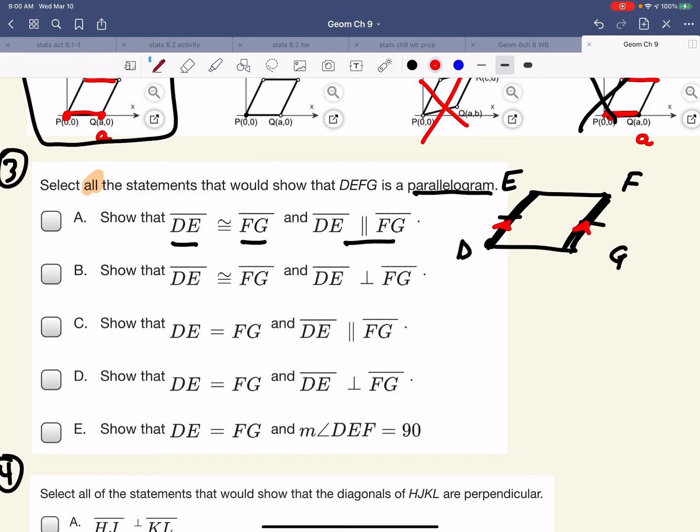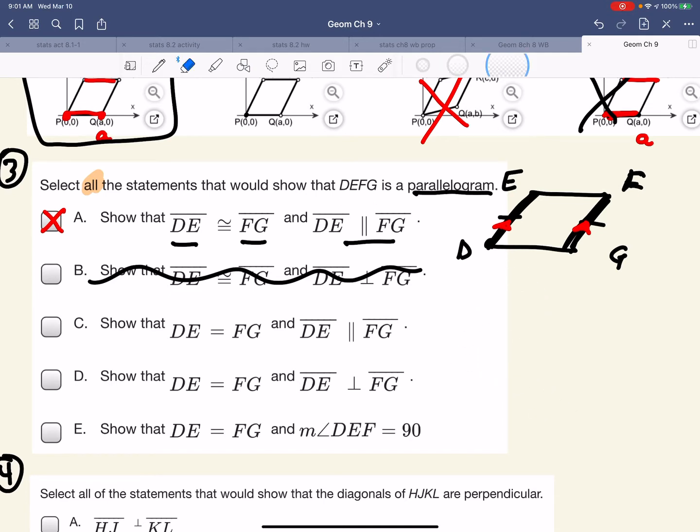Would that force it to be a parallelogram? And I think I can't not draw a parallelogram, so I'm going to pick A. Now if I took DE and I made DE perpendicular to FG, somehow I can't really do that, so definitely not going to pick that, right? For a parallelogram, F and G have to be over here on the right.